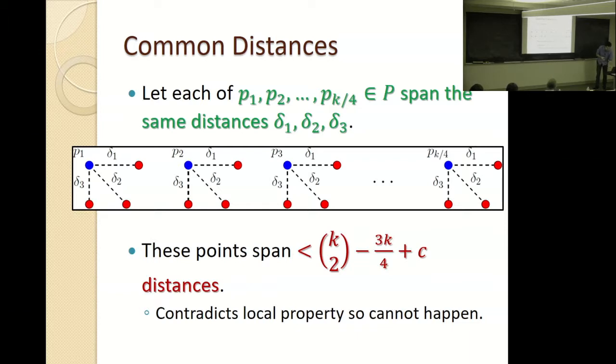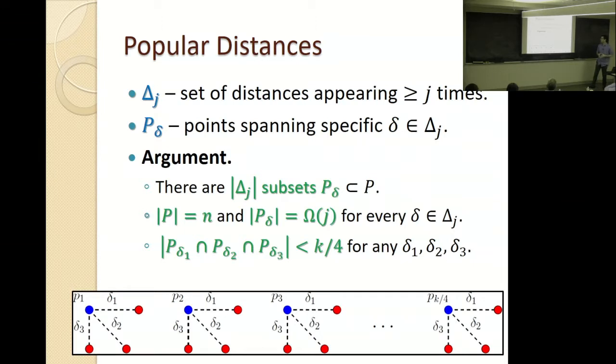Why? We actually get a problem about set intersection. What happens here? We have a set of endpoints. For each popular distance, think about the set of points that span this distance. It's a subset of our set of endpoints. Let's call this P delta: P delta is the set of points that span delta.